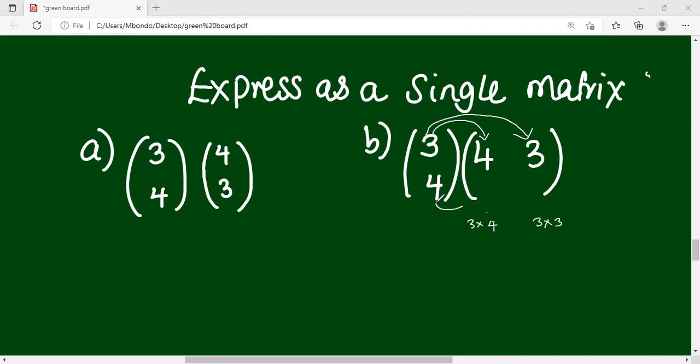Then we come down to this now, row by column, which is 4 multiplied by 4. Then now we have 4 by 3. So when we work this out, what are we going to get? We're going to have 12, 9, 16, and 12. This is what is going to be our answer here.